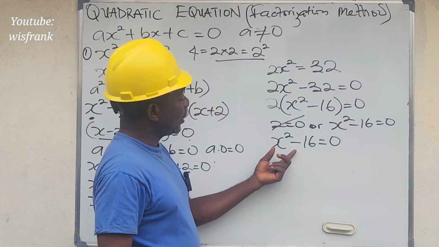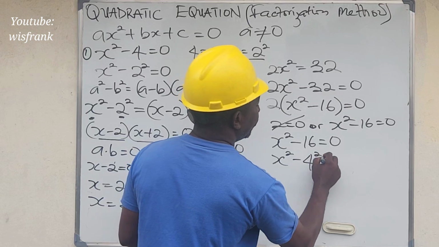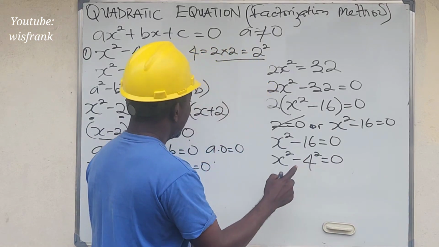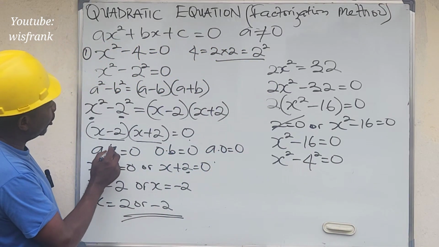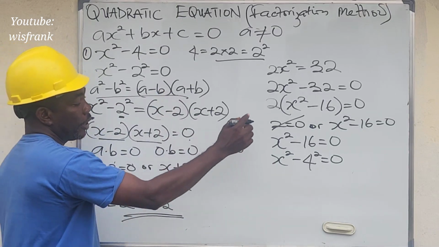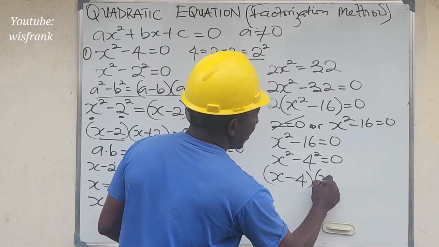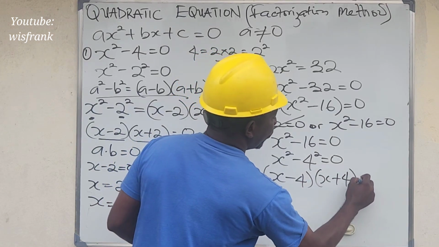How do we do this? This is in the form x to the power of 2 minus 4 to the power of 2 equals 0. And from the illustration that we had, we are going to represent this in this format. So this becomes x minus 4 into x plus 4 all equals 0.